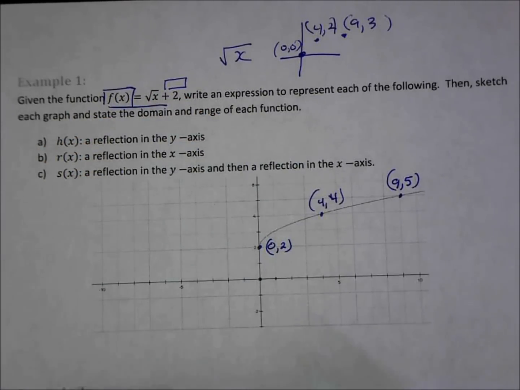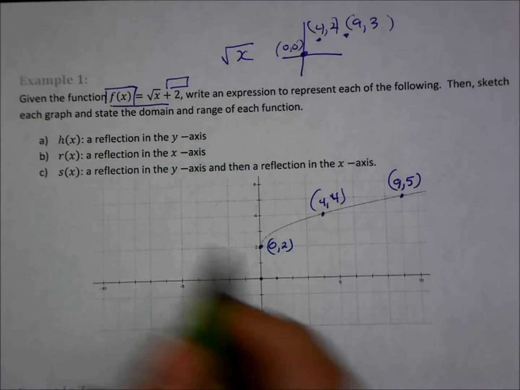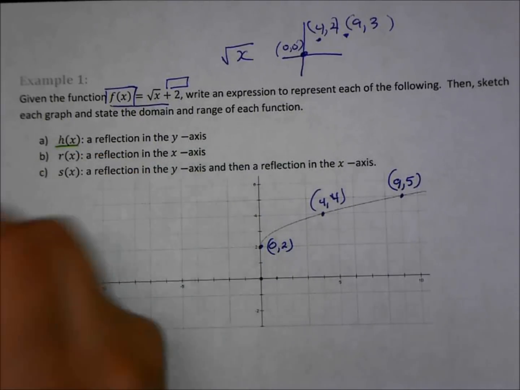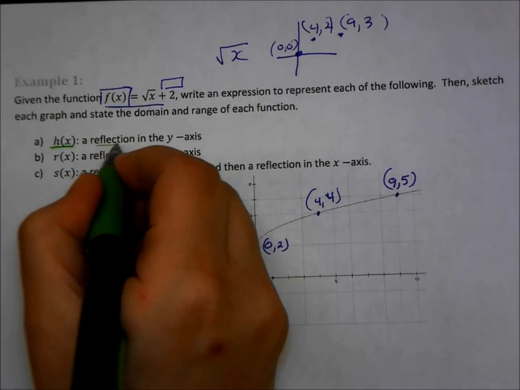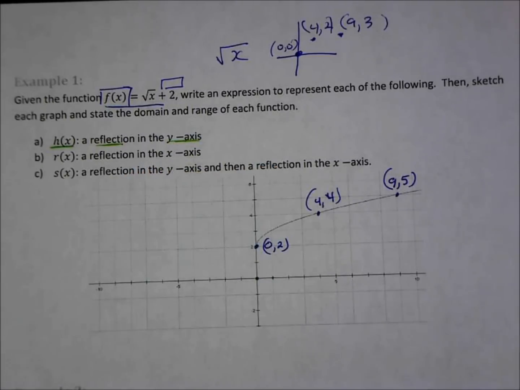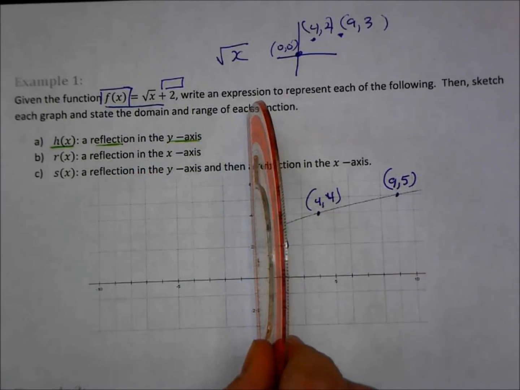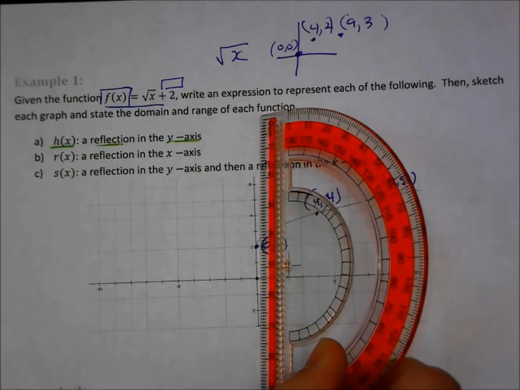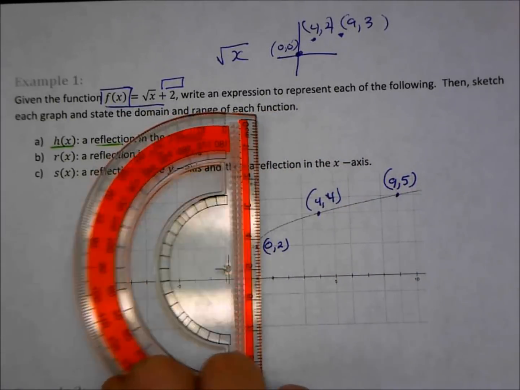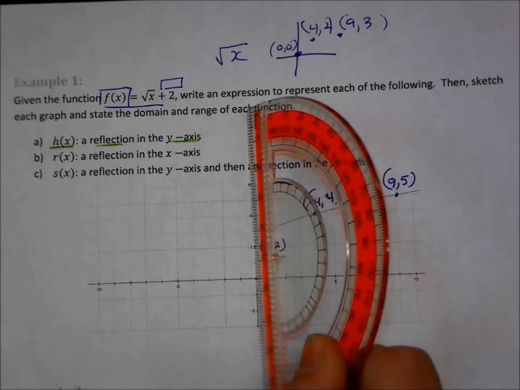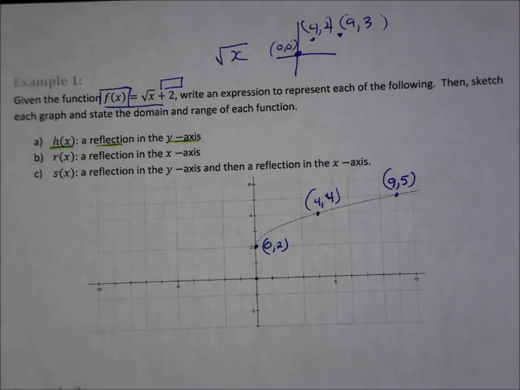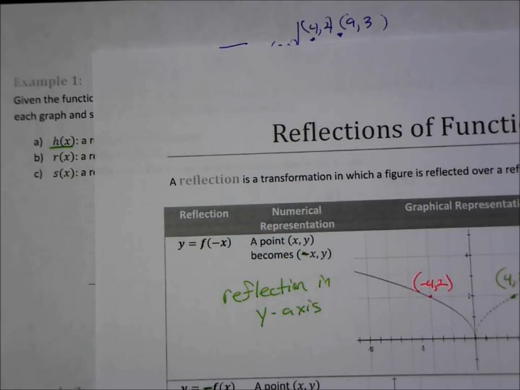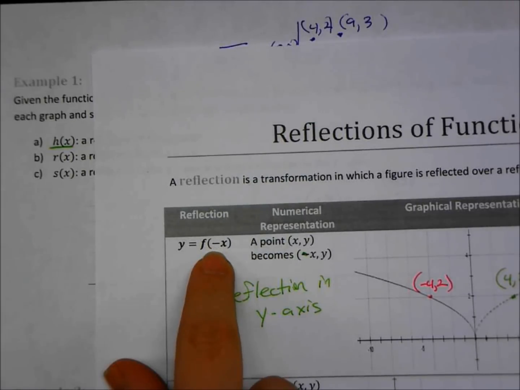If we're going to do a reflection, h(x) is a reflection in the y-axis. So if it's reflected in the y-axis, we expect it to be over here. From our note in the beginning, a reflection in the y-axis means we put a negative sign in front of any x.